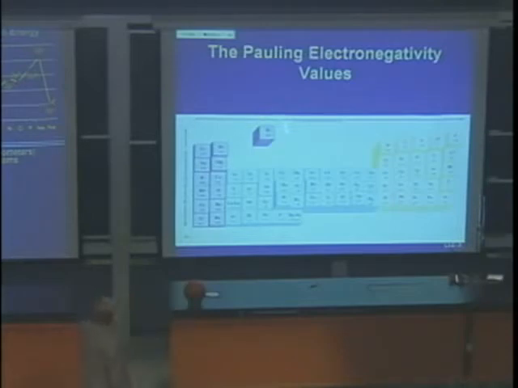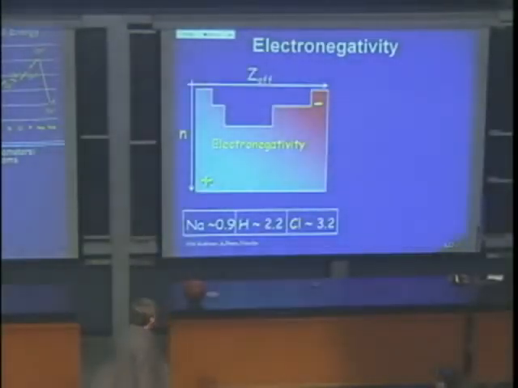So hydrogen is 2.2. This sits here. And we have the increasing electronegativity here and the decreasing electronegativity here. This is just what I said. I just wanted to show you the axis on that. So there it is in an overview.